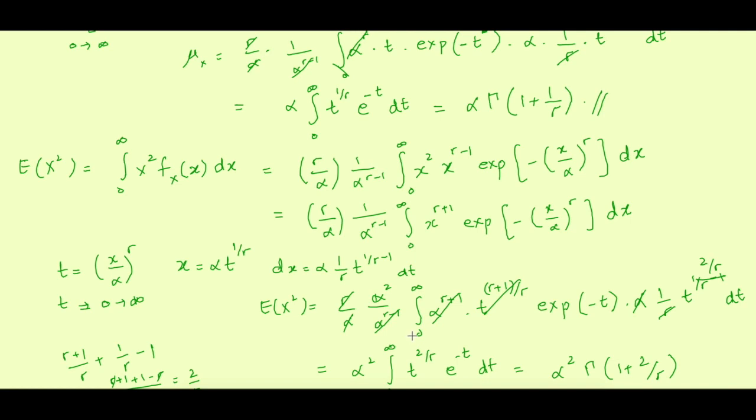Okay, so the point is that we have to use this definition of the gamma function and translate whatever integrals we encounter into the definition of the gamma function, and this way we can represent our mean and variance for a Weibull distribution in terms of the gamma function. So this is it for this video, and I hope it was clear enough to understand. Thanks for watching and I hope you like the video.